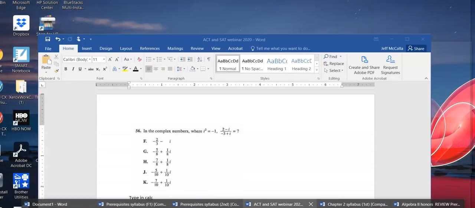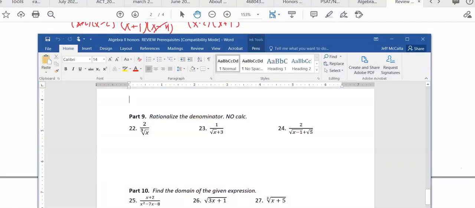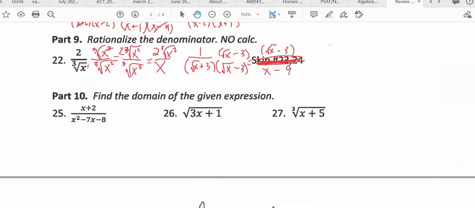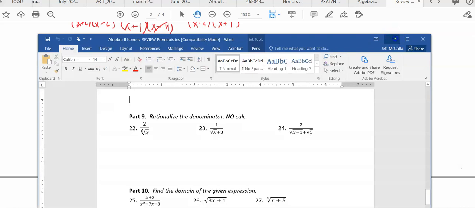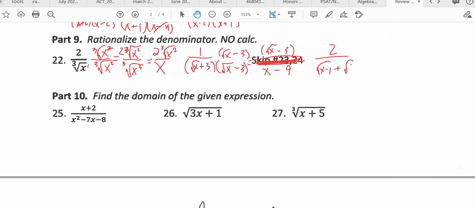And number 24, 2 over square root of x minus 1, plus square root of 5. Okay, so we're going to multiply by the conjugate here, because we've got a binomial with a square root. So square root of x minus 1.